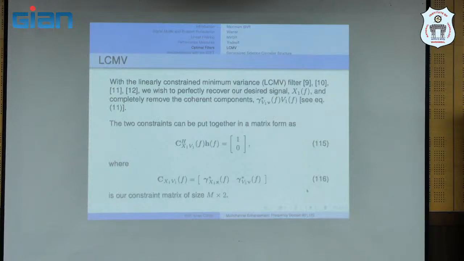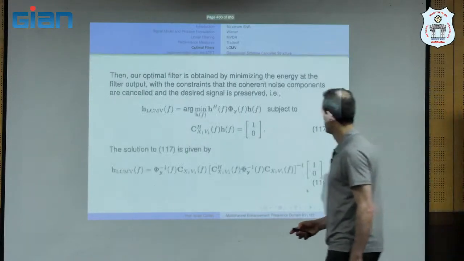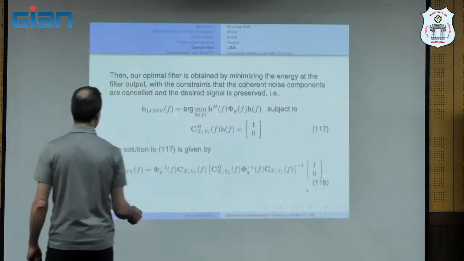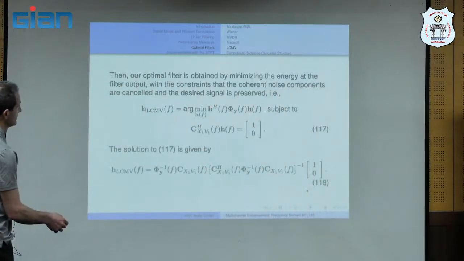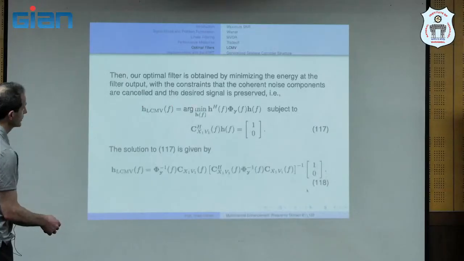Now, to solve this problem, so we can define that the LCMV filter is the argument that minimizes the variance of the noise.